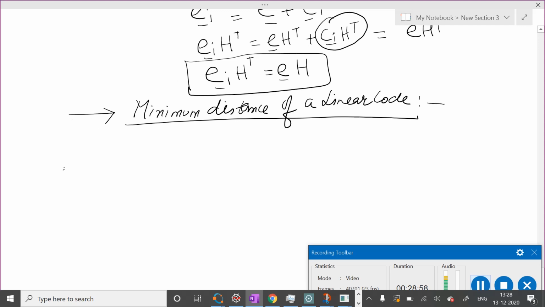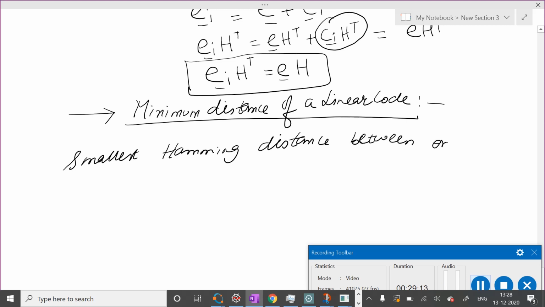So it is the smallest Hamming distance between any pair of code words, d minimum.